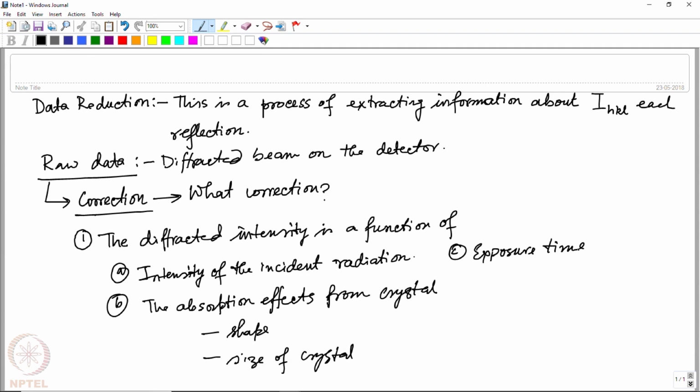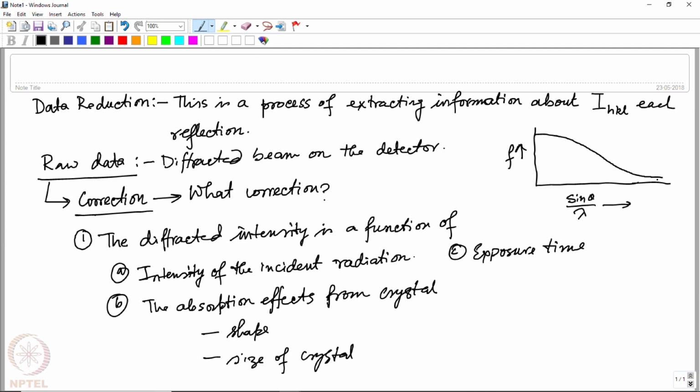And as you know, the atomic scattering factor f of every atom falls drastically with respect to sin theta by lambda and becomes very small at very high values of sin theta by lambda.